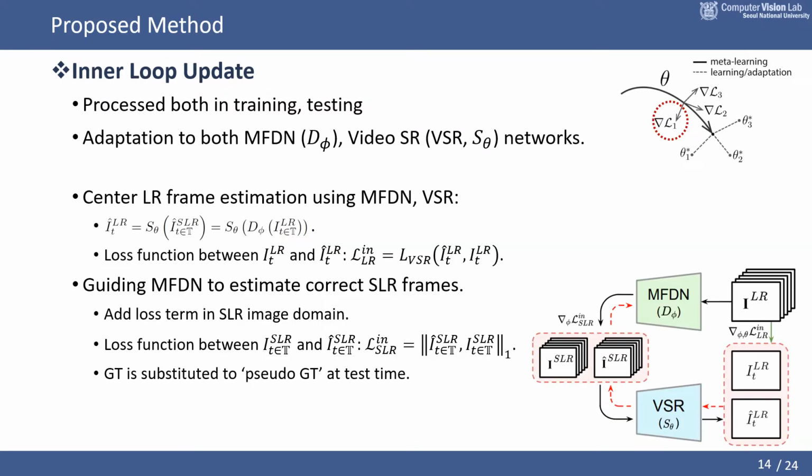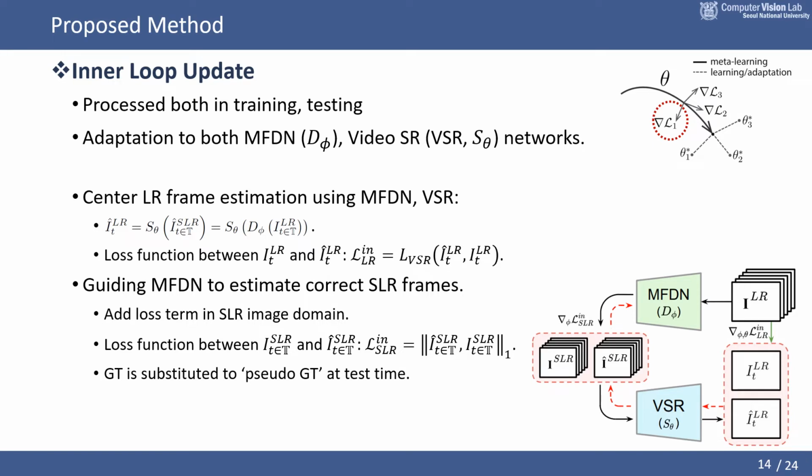Following the framework of MAML, the proposed method, DynaVSR, also has two loops. In the inner loop, we update both MFDN and the video SR network parameters. We first estimate the SLR frames using MFDN, called ISLR hat, and upscale it again to the LR scale using the VSR network.